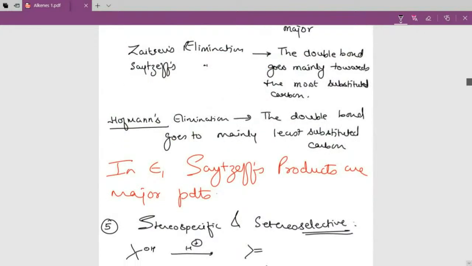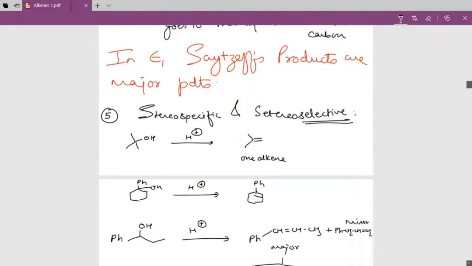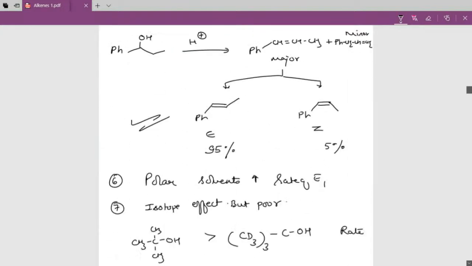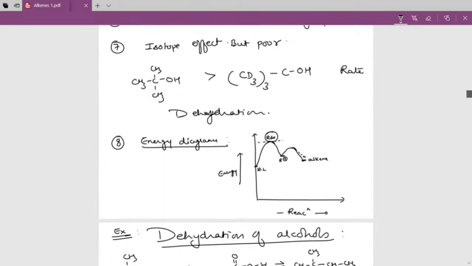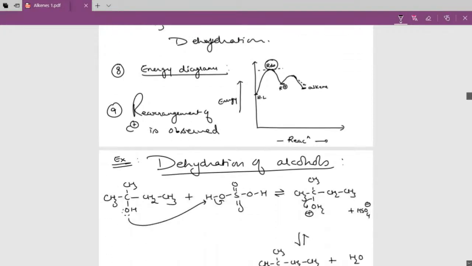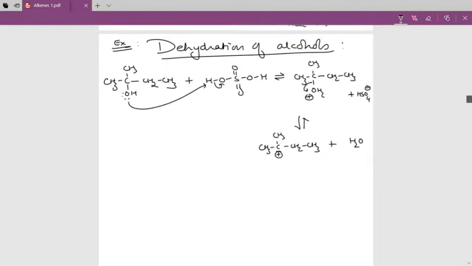There will always be a possibility that rearranged products will be obtained in SN1 reaction. Rearrangement of C plus is observed wherever possible. So there is a possibility. Right now it is not there because already it is a 3-degree carbocation.